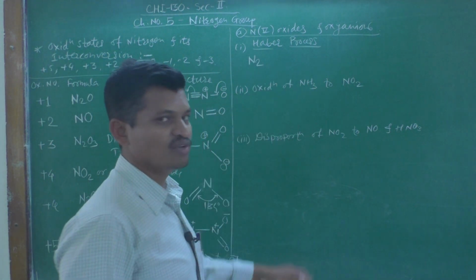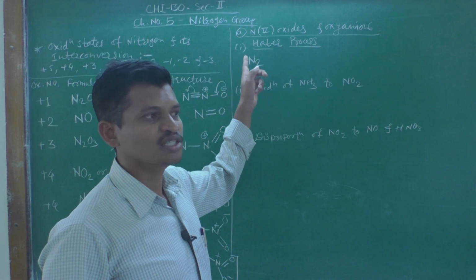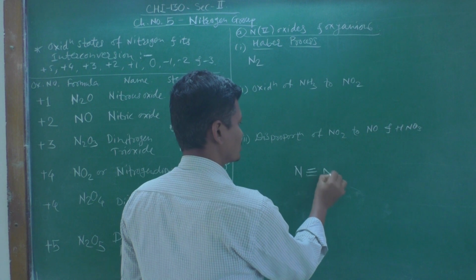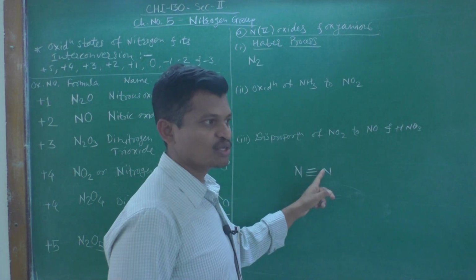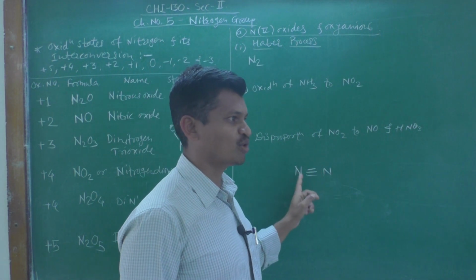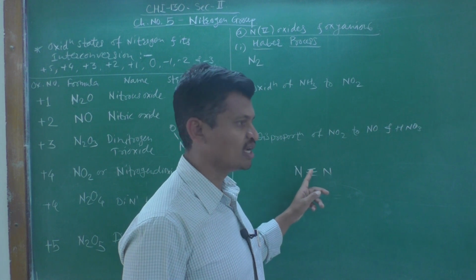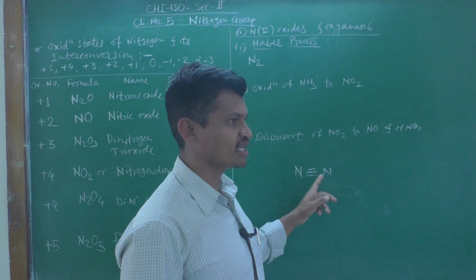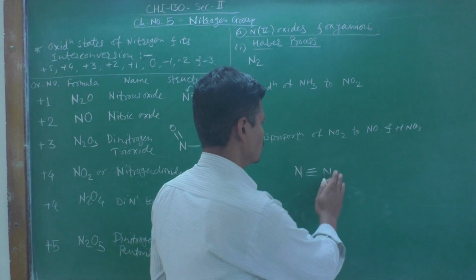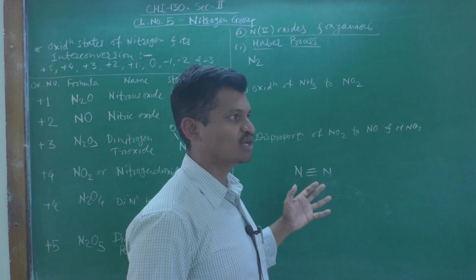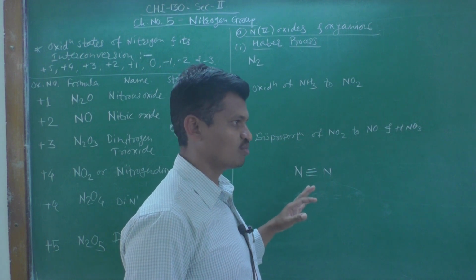The structure of nitrogen N2 is N triple bond N, in which both nitrogen atoms are bonded to each other by a triple bond, and both nitrogen atoms exist in 0 oxidation state.